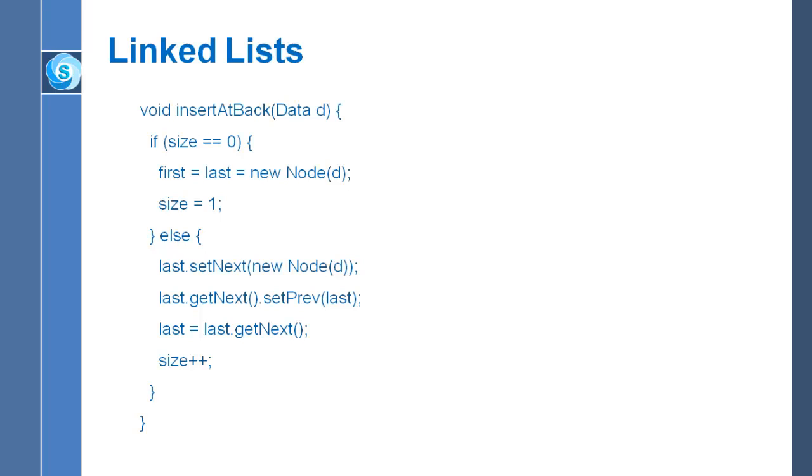What we're doing here in the statement that says last.setNext(new Node(D)); is creating the new node, and then arranging for the current last node of the linked list to have its next pointer set to point to the new node.